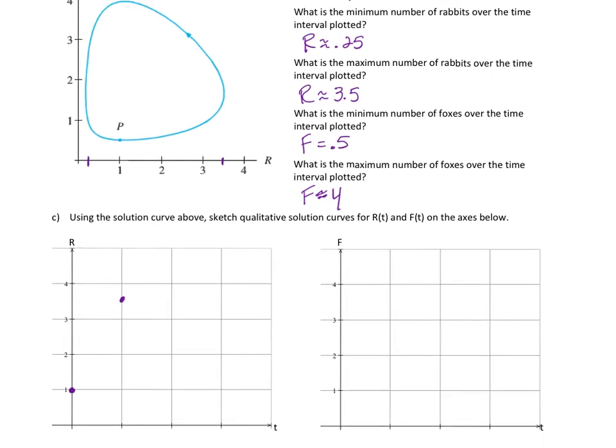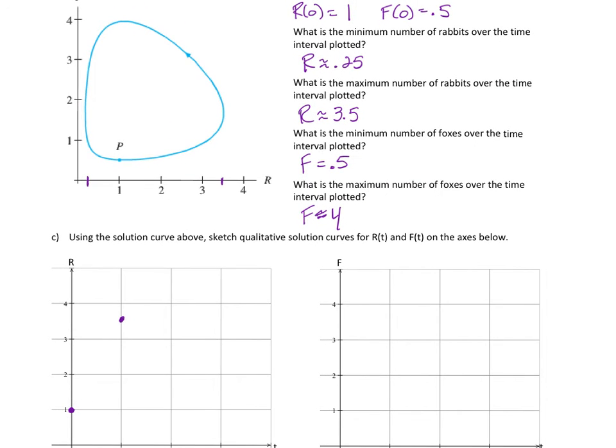Coming back to the phase portrait, here's my maximum number of rabbits. Now, as I continue to follow the curve, I'm moving left, which means the number of rabbits is decreasing. I'm moving left for a long time until about here, when I hit the minimum number of rabbits, which we said was about 0.25.